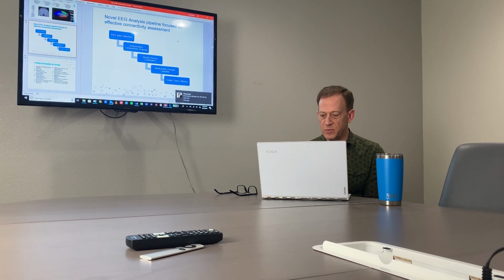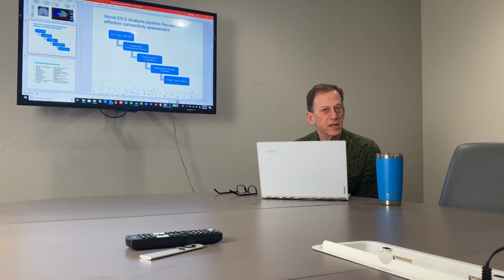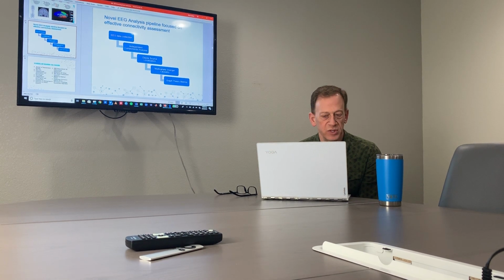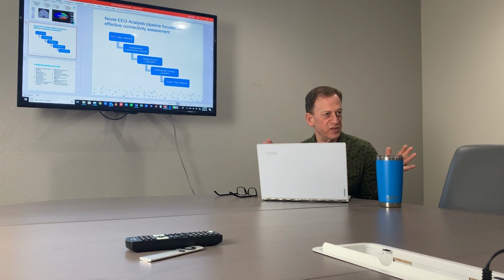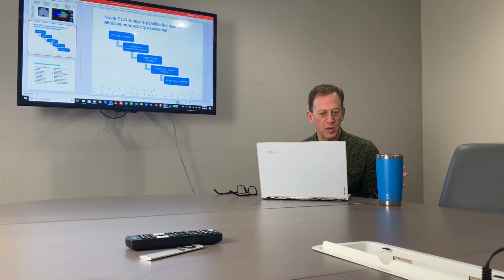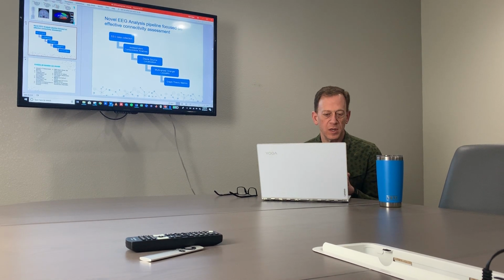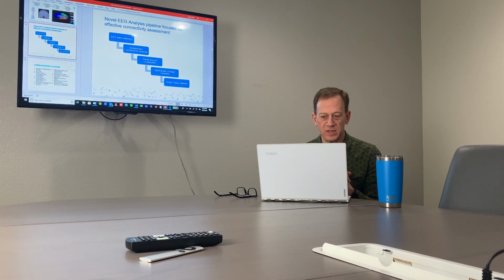So independent components analysis is a statistical procedure where you can isolate statistically unique portions of an EEG and separate them away from each other. And we'll talk about what that means in a second.